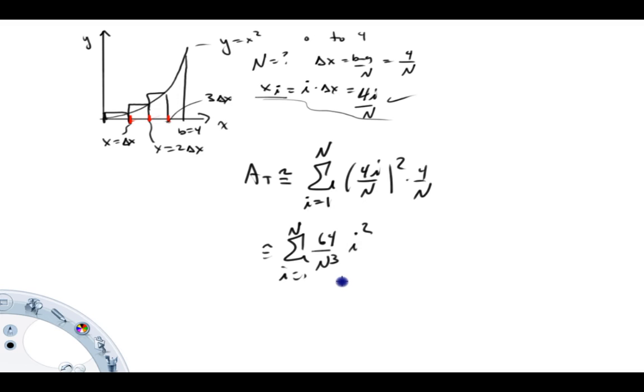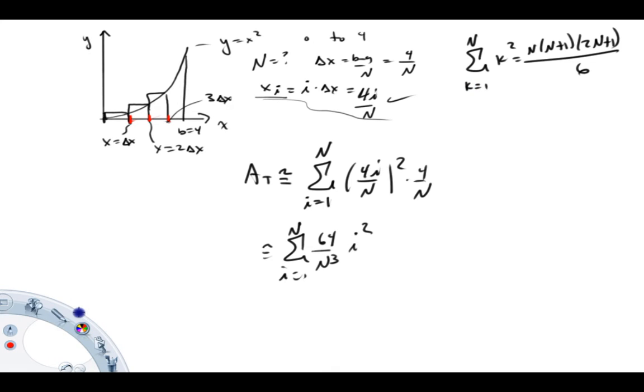So if you look at page 262, the sum from k equals 1 to n of k squared is equal to n times n plus 1 times 2n plus 1 all over 6. It doesn't matter that I called it i and they called it k in the book. These are just names.